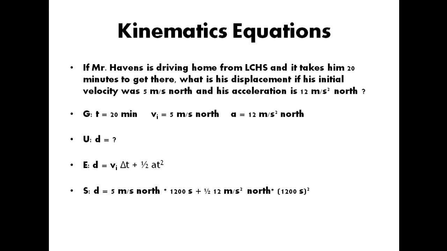So then after I do all that fun math, I would have traveled 8,646,000 meters. That's a lot of meters. Is that realistic? No, it's not that far to my house, but we're working on the math. And if I wanted to convert that to kilometers, I would divide by 1,000, and it would have been 8,646 kilometers, which is a long ways. But just for the sake of the math, let's get this done.